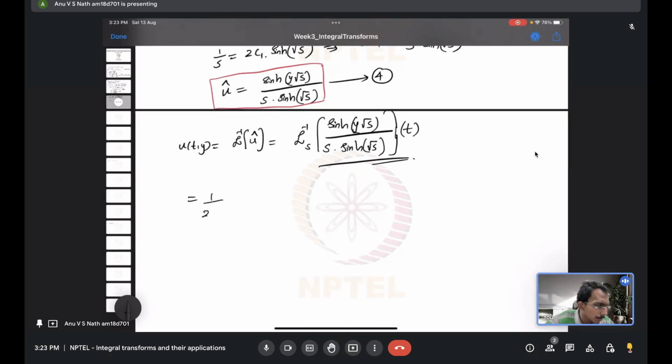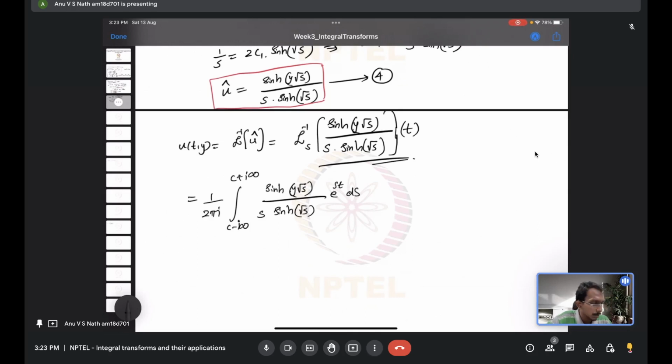According to the inversion formula, it's 1 by 2 pi i, integral from c minus i infinity to c plus i infinity, of the function sinh(y root s) divided by s into sinh(root s), then e raised to st ds.